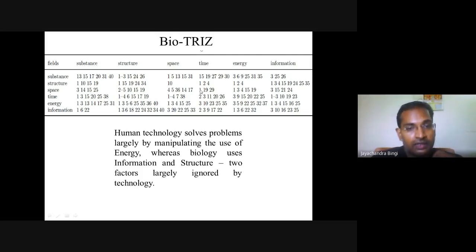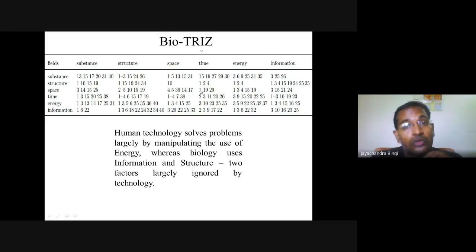That's why I'm clearly explaining, because you have a lot of misconceptions about space, time, and information. Substance means the entity which is occupying the space. You can call it mass or anything, which is occupying the space.